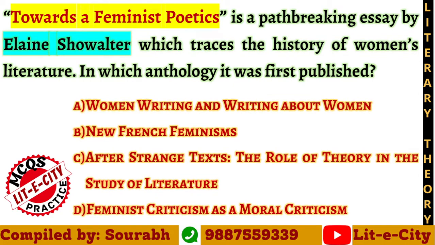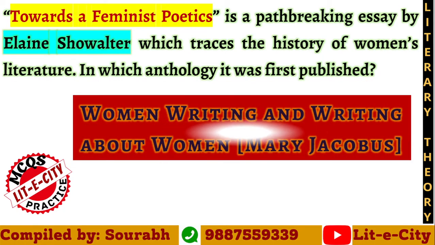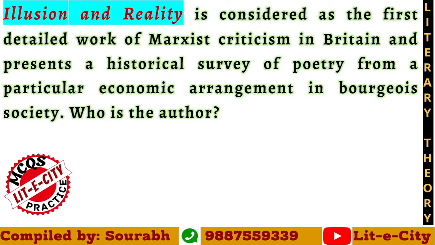All these anthologies are very popular ones, dear friends, which have some very critical and important essays. If we talk about Towards a Feminist Poetics, the correct answer is Women Writing and Writing About Women, which was edited by Mary Jacobus.